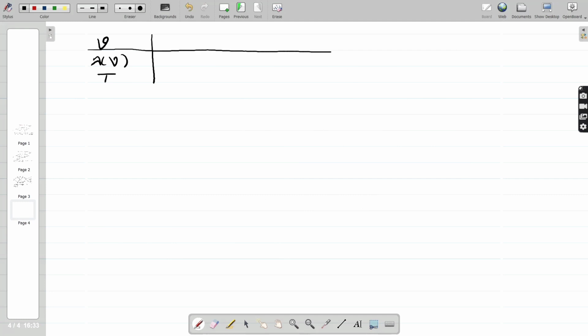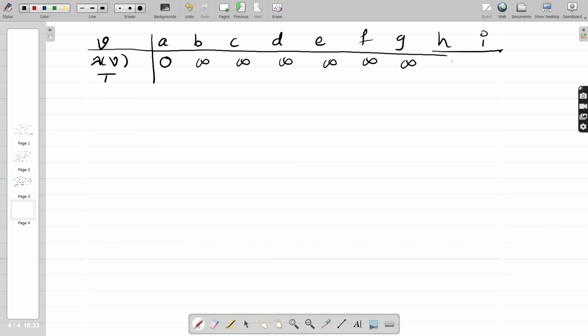In V, I am writing all my vertices, up to F, G, H, and I. There are 9 vertices. As I'm starting from the vertex A, the lambda A value is taken as 0 and all other lambda values are infinity.